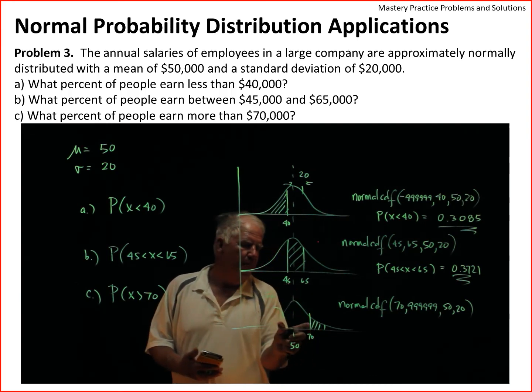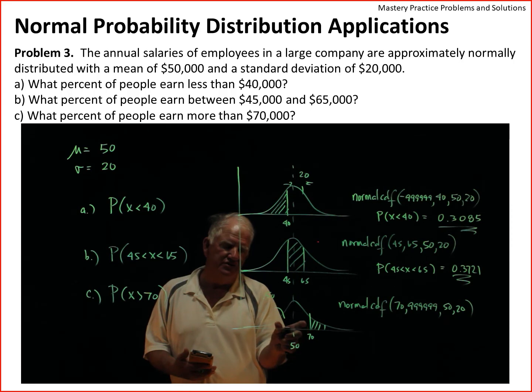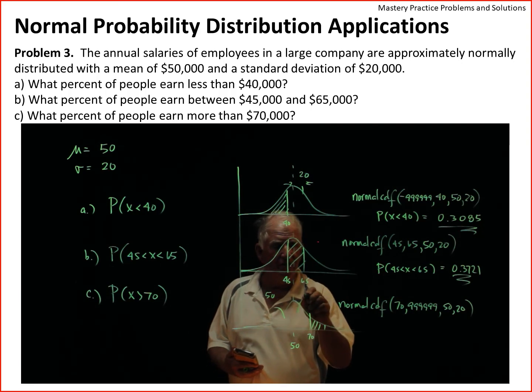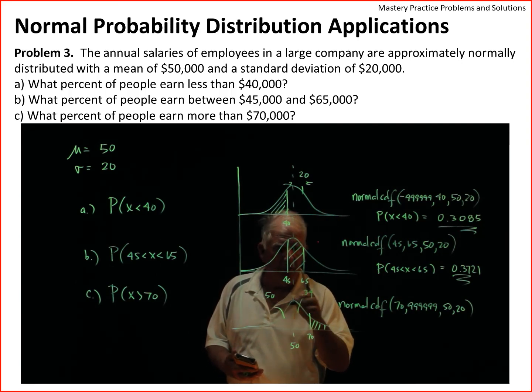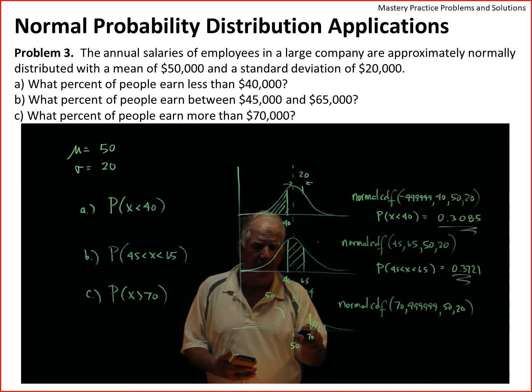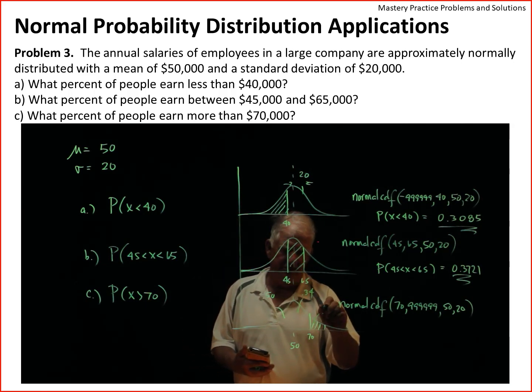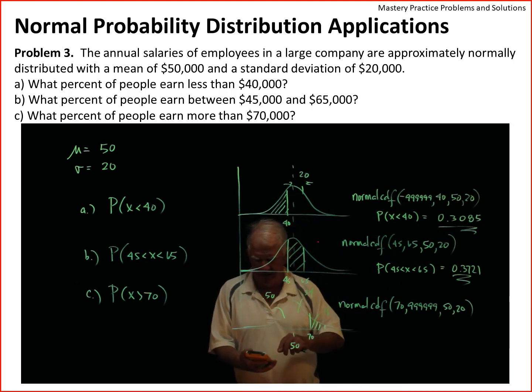And the area within one standard deviation about the mean is 68% by the empirical rule, which means this area is 0.34, means that this area is 0.84, which leaves this as 16%. Okay, so we better get 16% here.